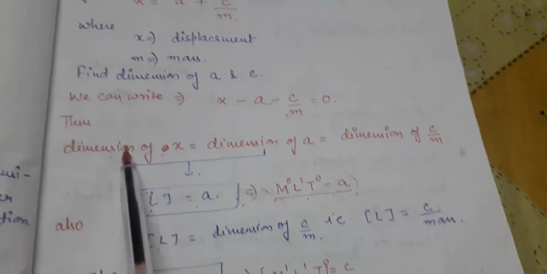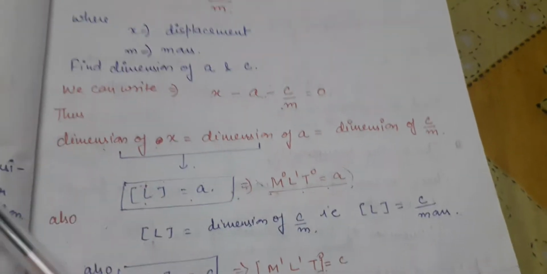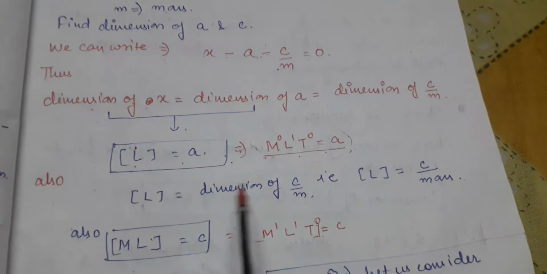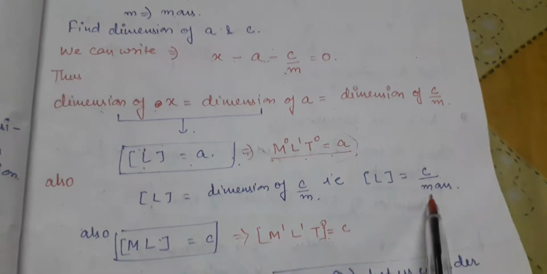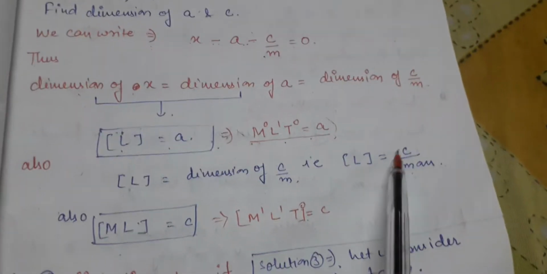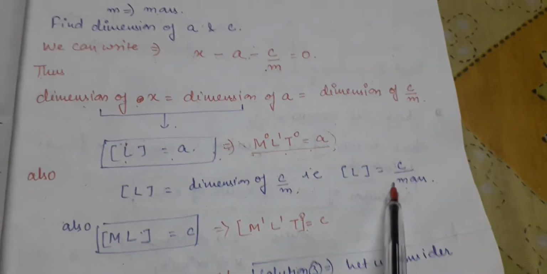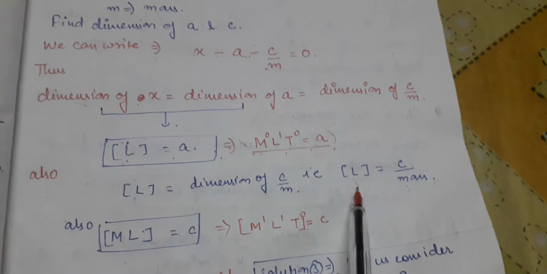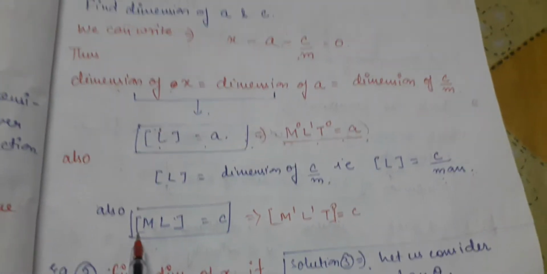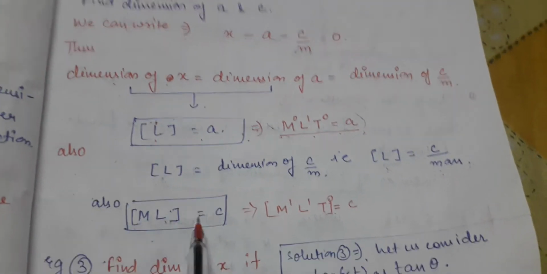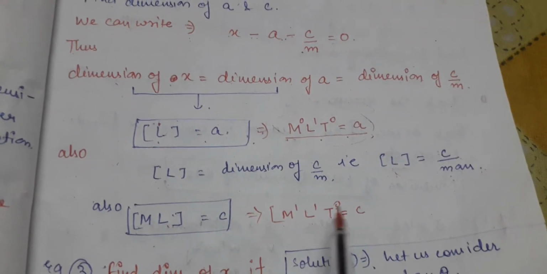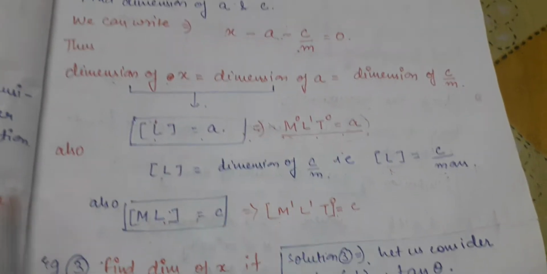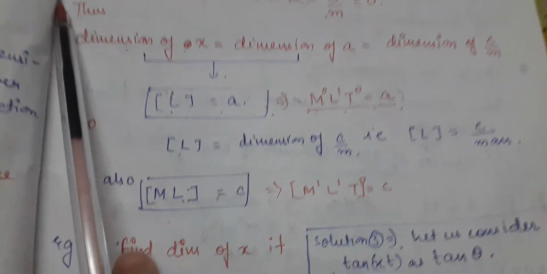Also we can now compare the other two: the dimension of x is equal to the dimension of c/m. So L = c/mass. Now what is the question? We have to find the dimension of c. Then we will bring the mass to the left hand side. So it becomes mass into length, ML. So the dimensional formula of c becomes M^1 L^1 T^0. This is the dimensional formula of c.